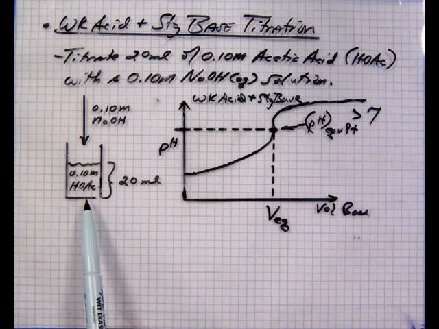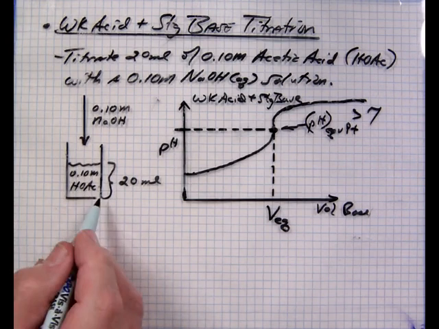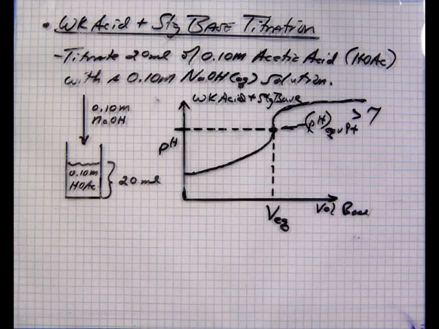So as we go through this titration, we will have to take into account at the equivalence point the hydrolysis of the acetate ion and its effect on the pH. Okay, so now we'll follow the same pattern that we followed in the strong titration.